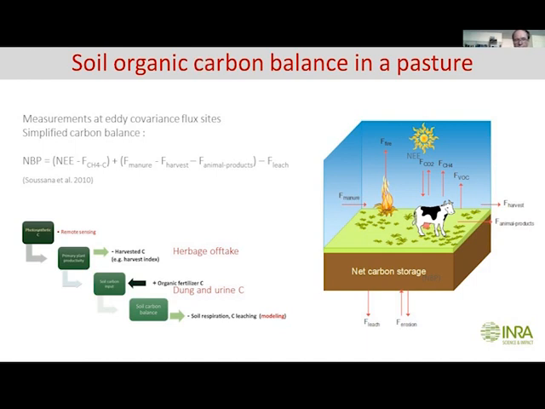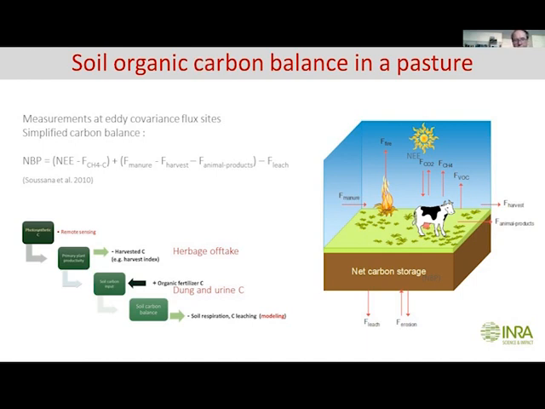And you see that you may have some additions of manures, you may have some harvests, and we should, if we want to really create a balance, consider that part of the carbon will go into dairy products. So there will be exports of carbon from the milk or even from the meat.